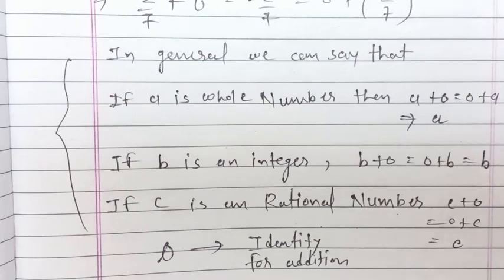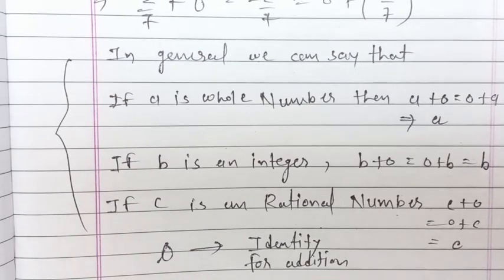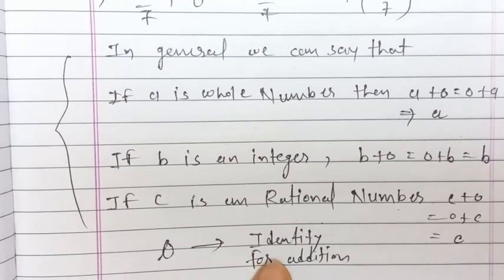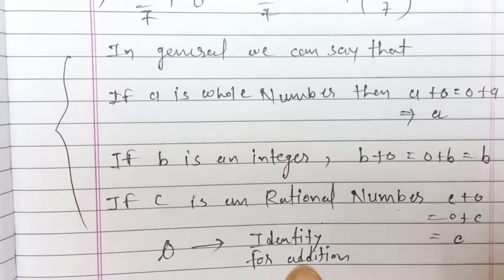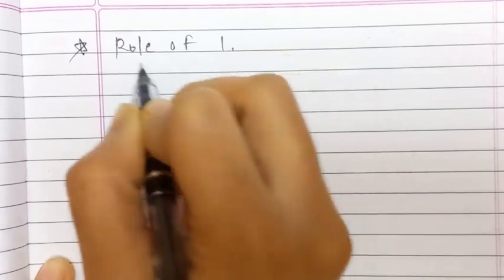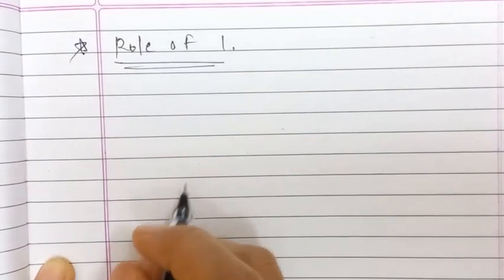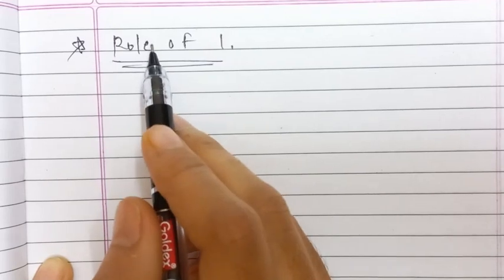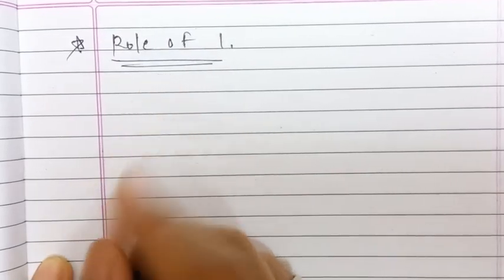Now we will study the role of 1. The role of 1 is the identity element for multiplication. Now we multiply 1 with whole numbers, integers and rational numbers.